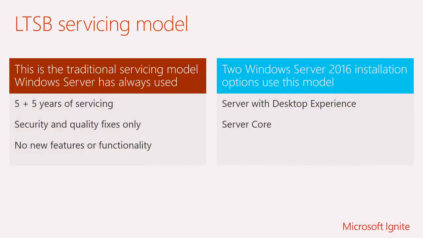And what this means is, today, if you get Windows Server 2016 Core and you deploy that, if you want to deploy that and never, ever touch that again, we'll support you for 10 years. You can use Windows Update. We are not making that promise with Nano Server.